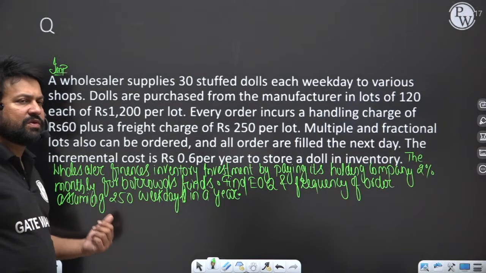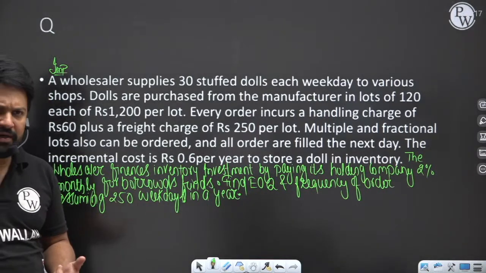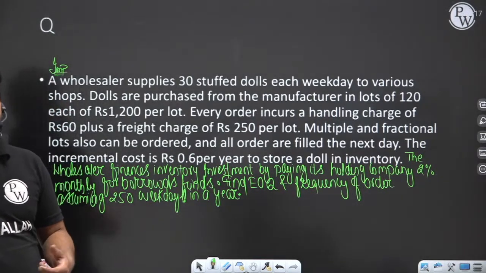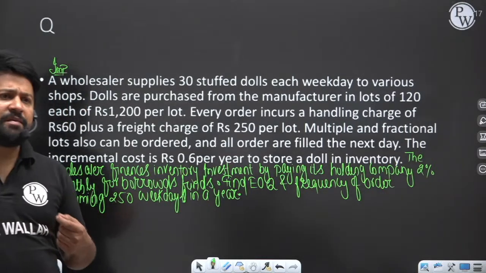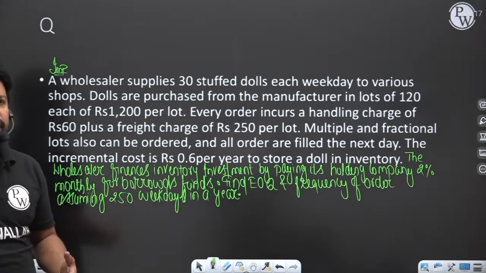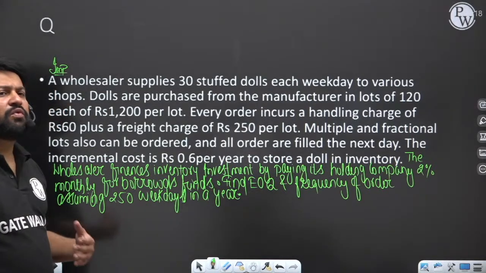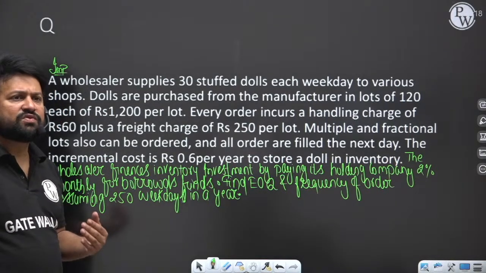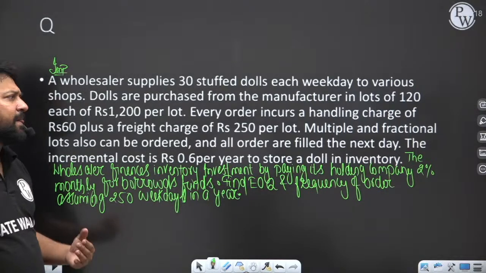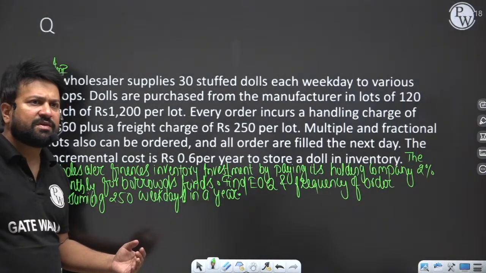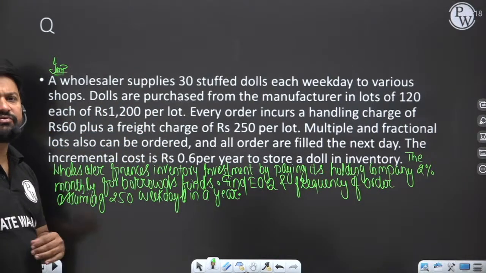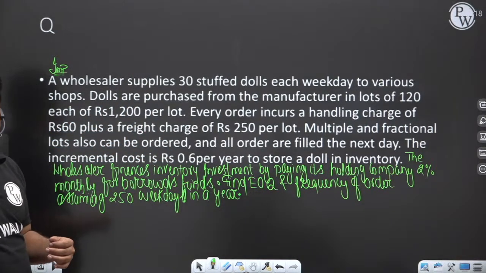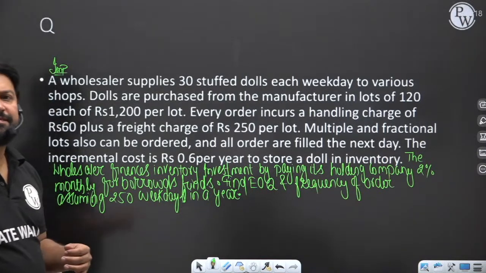If I give a question and you solve some part, not all, that's also good. Where you get stuck while solving, I will help. That is the purpose of the Abhyas batch. Please try.